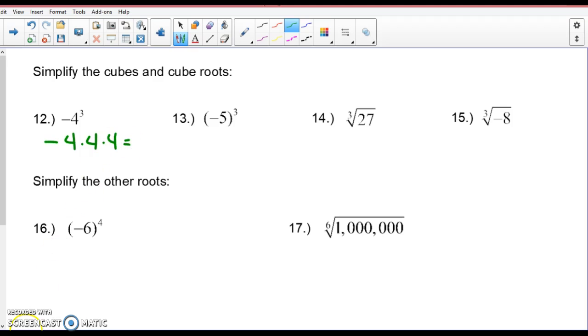Correct. Because 4 is being cubed. This will be negative 64. How do I write negative 5 in parentheses cubed, Lexi? Correct, because we are cubing negative 5, which ends up being negative 125.